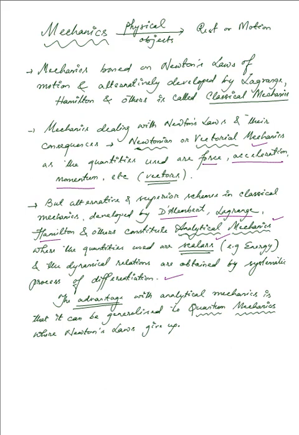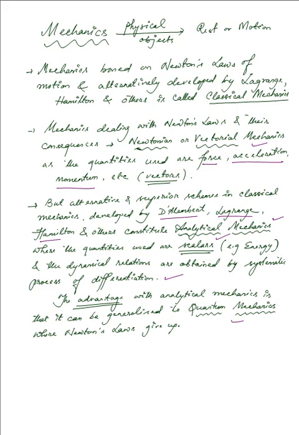Now, the advantage of analytical mechanics is that it can be generalized to quantum mechanics, where Newton's laws give up at the quantum level. Of course, we are dealing with classical mechanics.